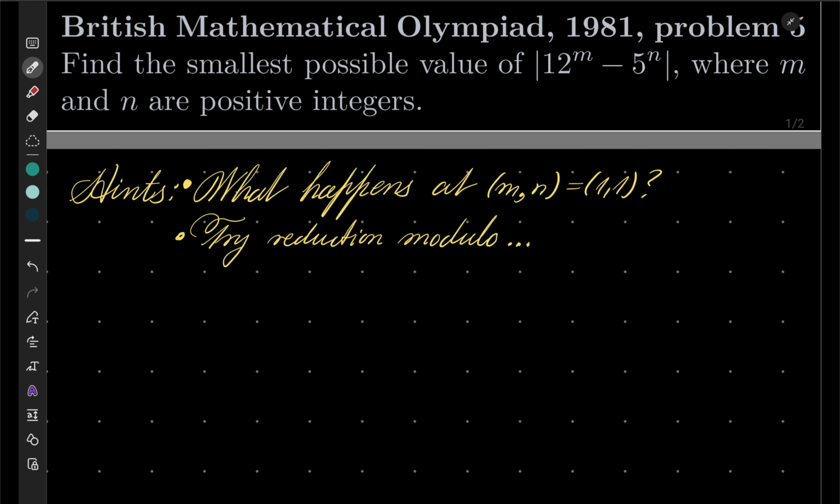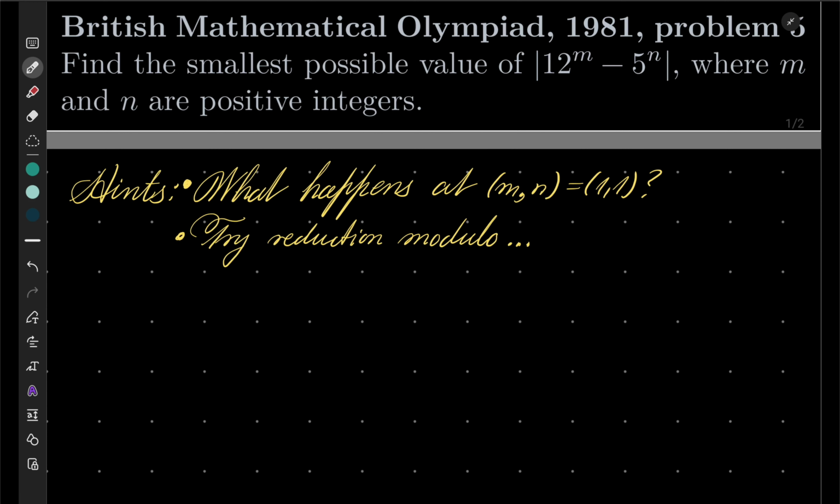To show that no smaller value is possible, you can try using reductions modulo various numbers. Which numbers? I will not spoil it for you. Give it a go and try it.